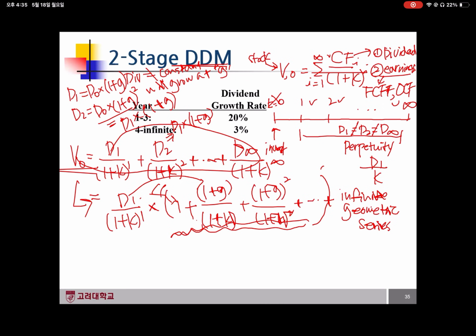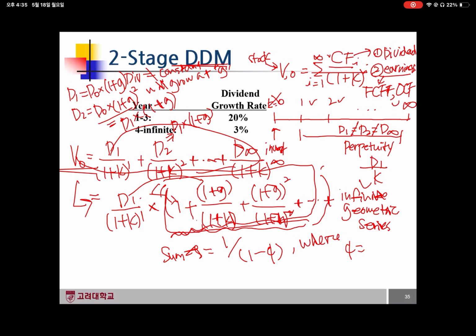If we apply the infinite geometric series, the sum of these terms is equal to 1 over 1 minus q, where q is this ratio, 1 plus g over 1 plus k.